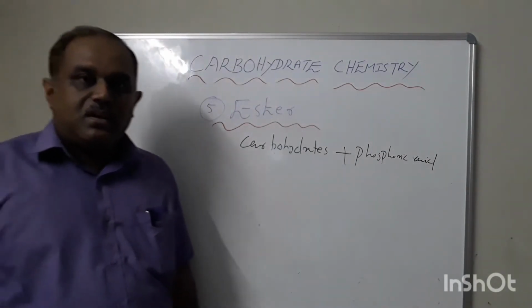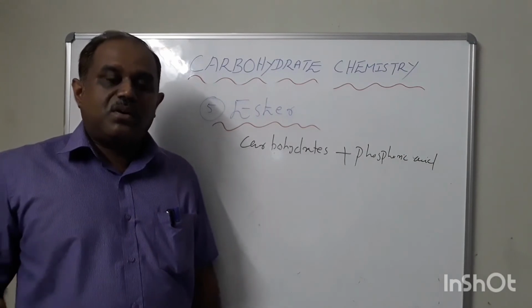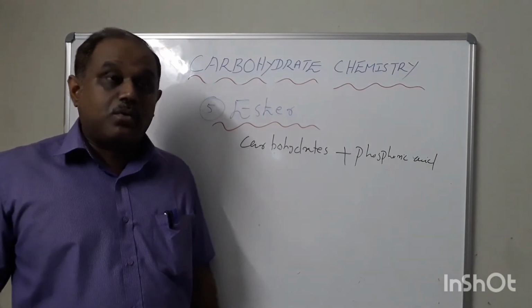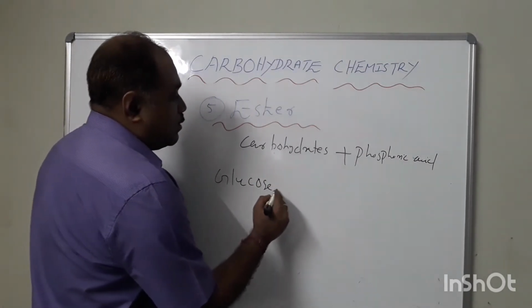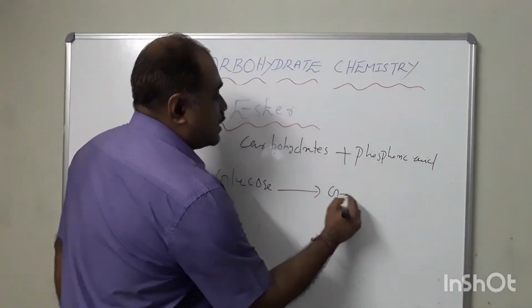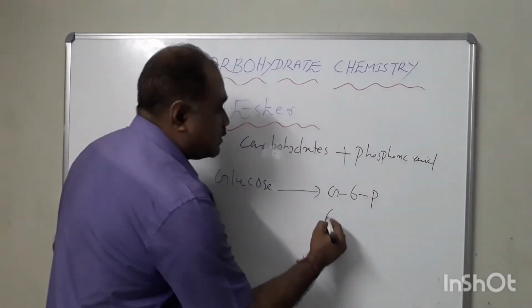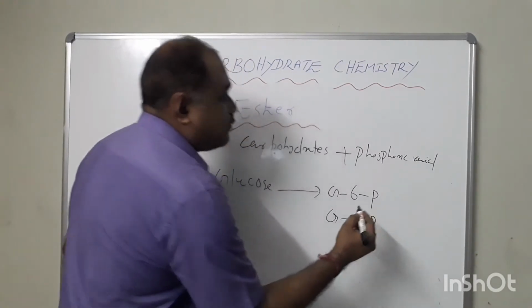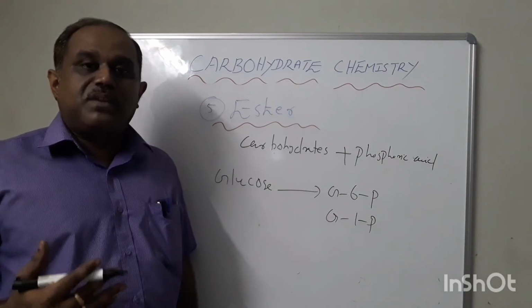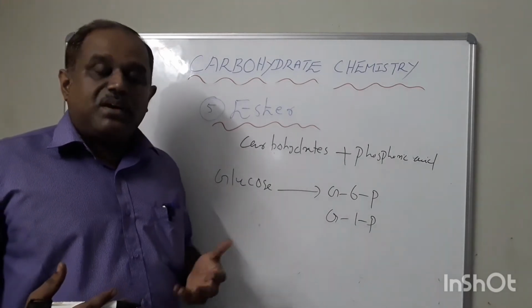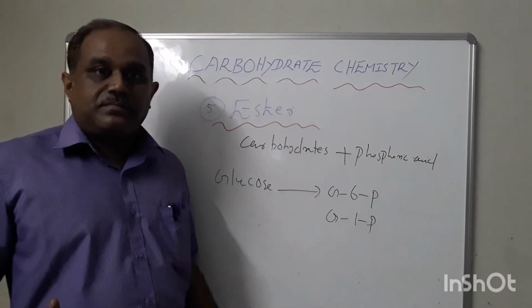For example, the phosphorylation of glucose. Body metabolism starts with the phosphorylation of glucose. You might have studied about glycolysis. So it can form glucose 6 phosphate, glucose 1 phosphate, etc. Okay, so esterification means when an alcohol combines with an acid, it forms an ester.